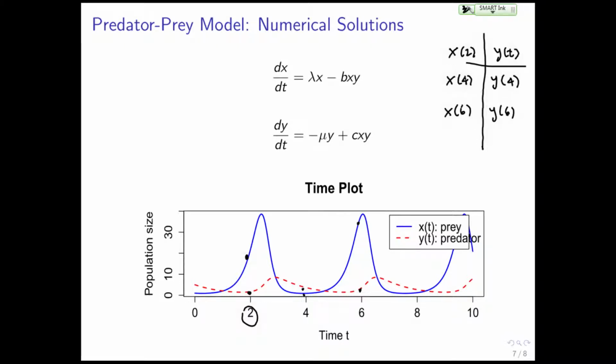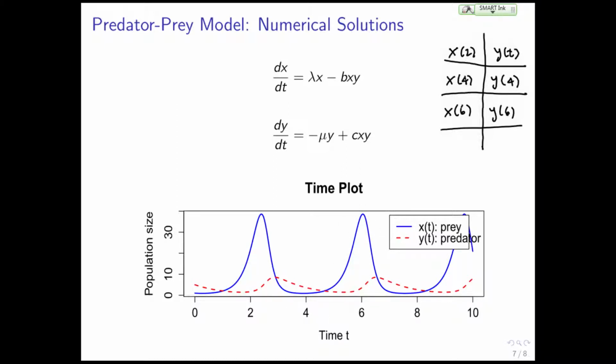We could have a table of x, y values. And now what we would like to do is to have another visualization of the same numerical solution.